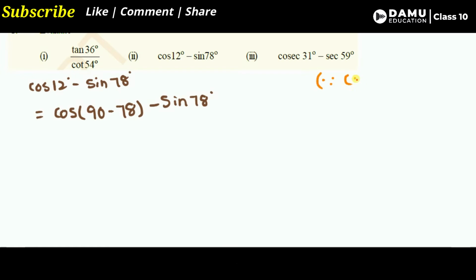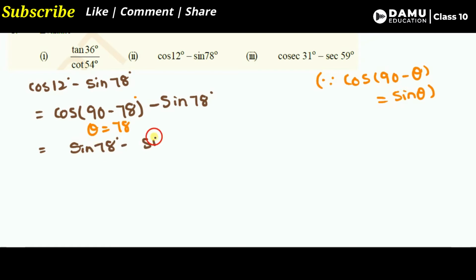It is sine theta, so here theta is equal to 78. Then cos (90 minus 78) is sine 78 degrees minus sine 78 degrees. Both are equal, so the answer is 0.